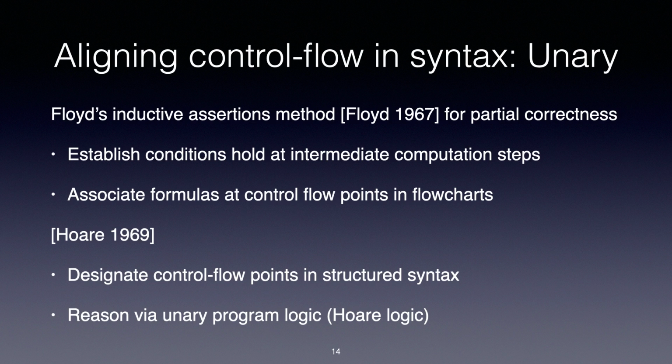So Floyd's method deals with flowcharts, but basically the idea is that you associate formulas at control flow points in the flowcharts. And the advance of Hoare's logic from 1969 was to designate the control flow points in structured syntax, right? And then use a program logic to reason about these properties, and that's Hoare logic.